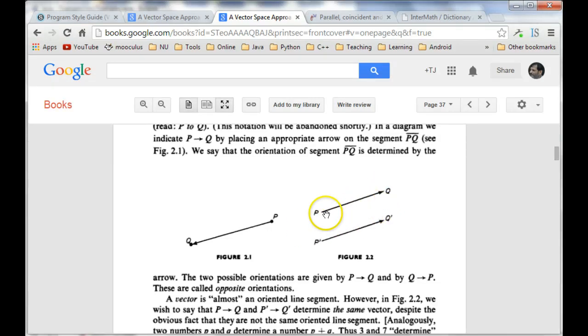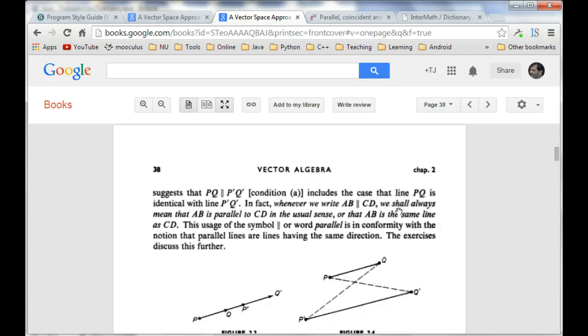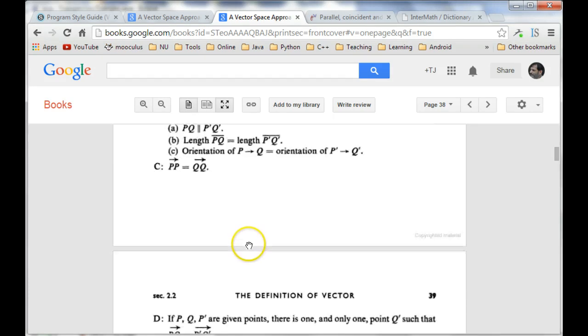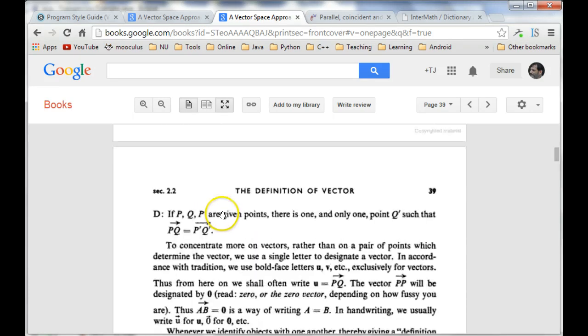And you could define the same vector starting at infinitely many points, as long as you're going for the same distance in the same direction. Those would all be the same vector. We said if we start at P and end at P, that's equivalent to starting at Q and ending at Q. So that was our case where we have a zero vector.